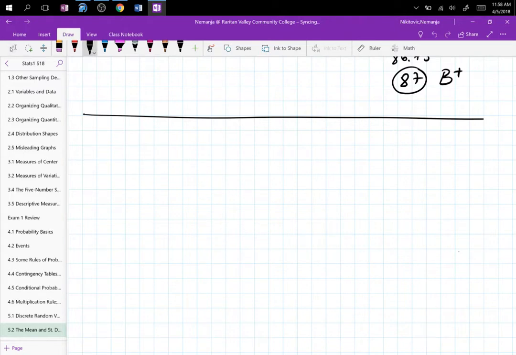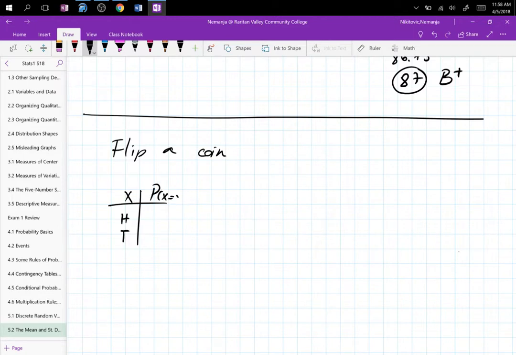Now, let's go with flipping a coin. In our variable x, you have heads and you have tails, and the associated probabilities are 1/2 and 1/2.